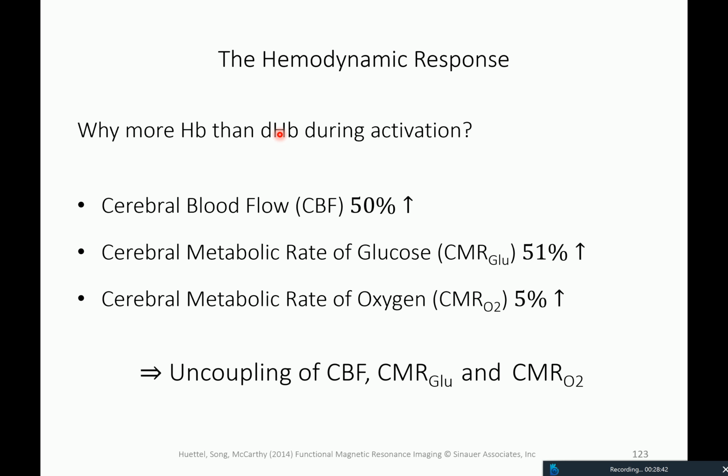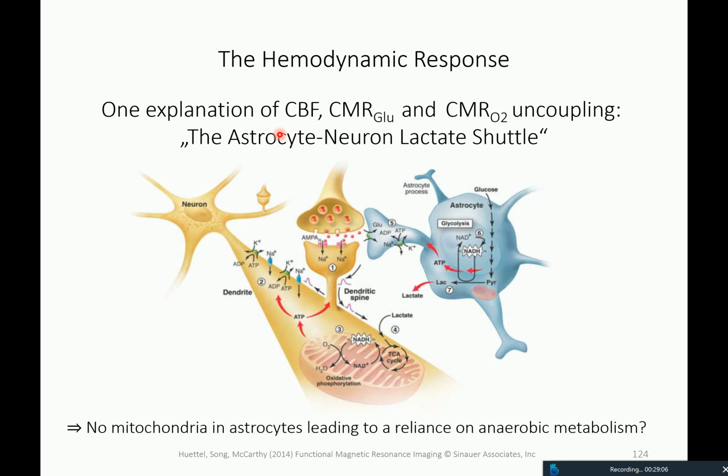So this is what is referred to as the uncoupling of cerebral blood flow, the cerebral metabolic rate of glucose and the cerebral metabolic rate of oxygen. So essentially, more blood comes in, more glucose is eaten, but in relation to this, not as much oxygen is consumed.